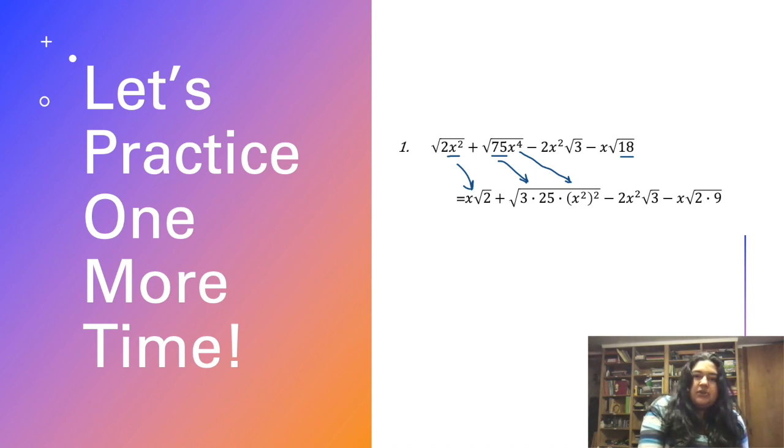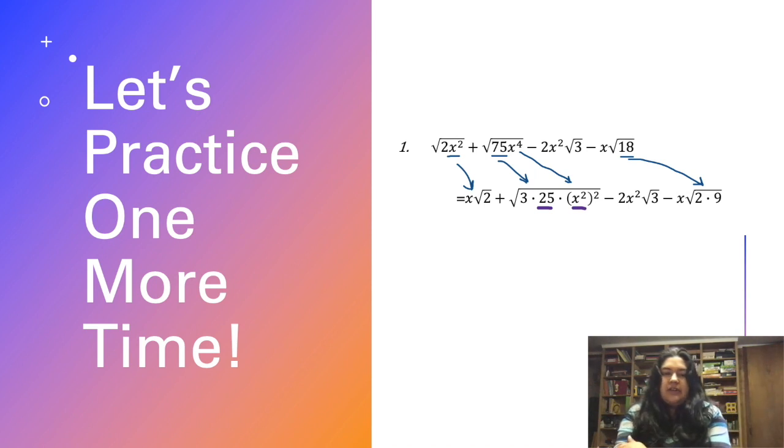So 2 times 2 is 4. Our third term stayed the same, and our fourth term, 18, turned into 2 times 9. So let's pull out our perfect squares. So I see 25 and x squared, and then I also have 9. So I'm going to pull it out and simplify.